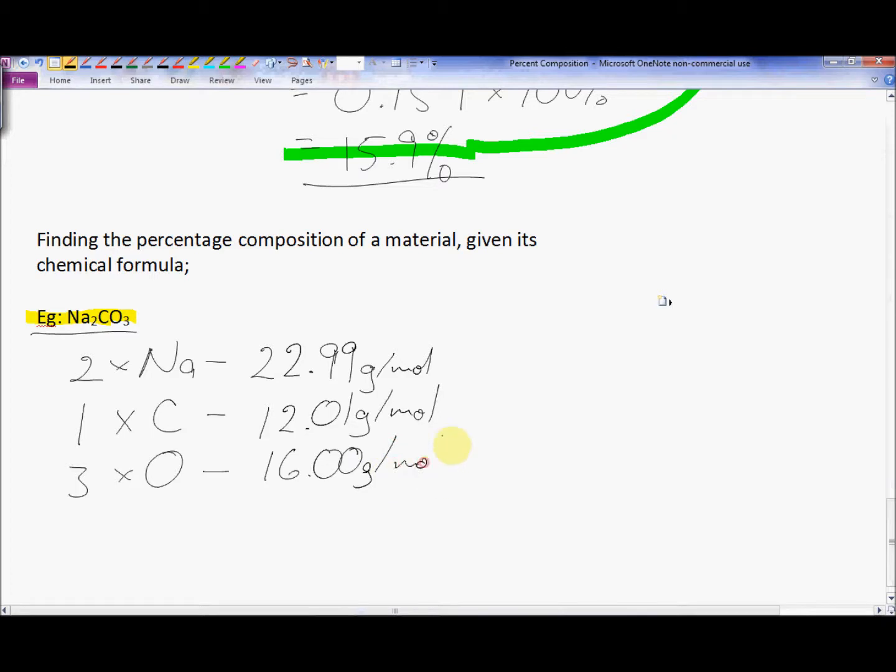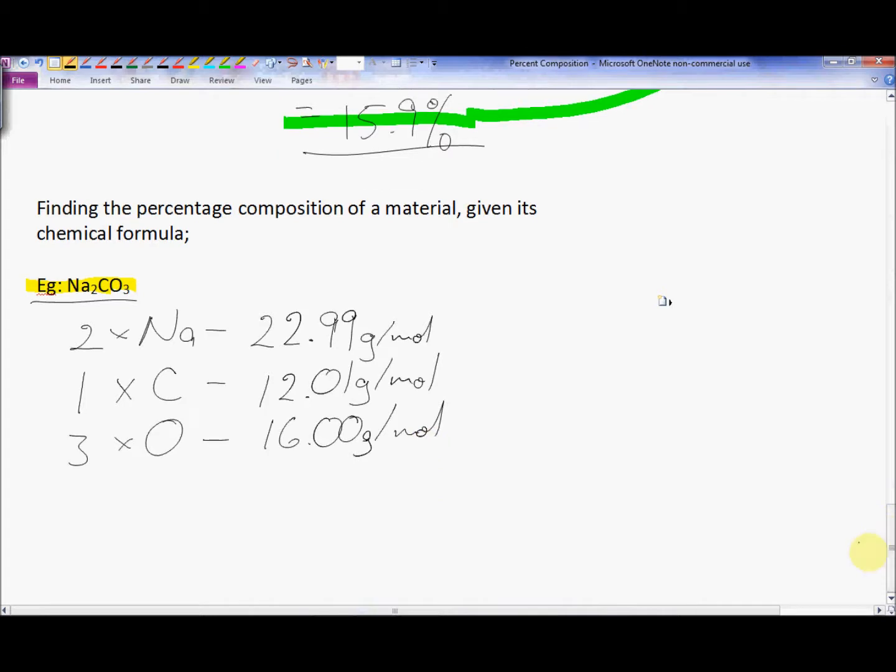So, if I have 1 mole of sodium carbonate, that means that I'm going to have 2 moles of sodium atoms within that 1 mole of sodium carbonate. It means that I'm going to have 1 mole of carbon atoms within that sample, and I'm going to have 3 moles of oxygen atoms.